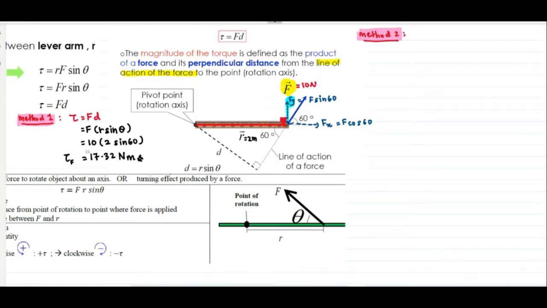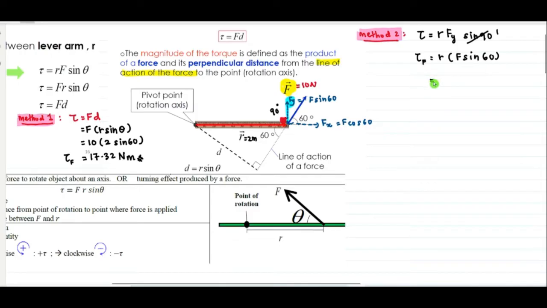Now when we write torque is equal to R Fy sin 90 degree. Sin 90 degree is equal to 1 since they are 90 degree. So when we substitute, torque due to the force F is equal to R Fy, kalau kita tulis sebalik, kita akan dapat F sin 60 degree.